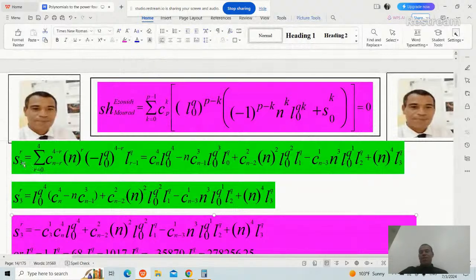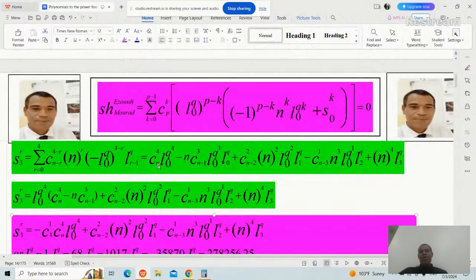you will use the discriminant formula. It will be S4 minus 1, which will give you S3. The sum from 0 to 4, combination n minus r choose 4 minus r, n raised to the power r between parentheses negative L0 for the q raised to the power 4 minus r times Lr minus 1 of O dq.